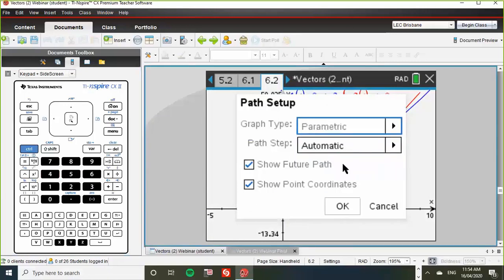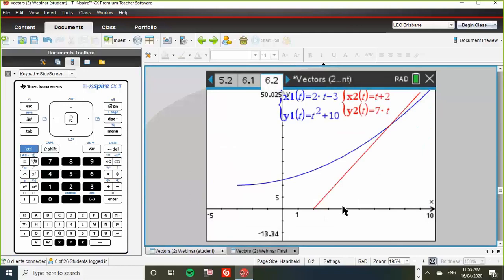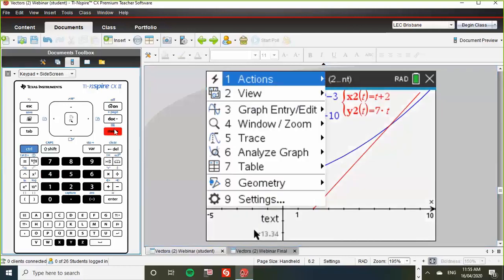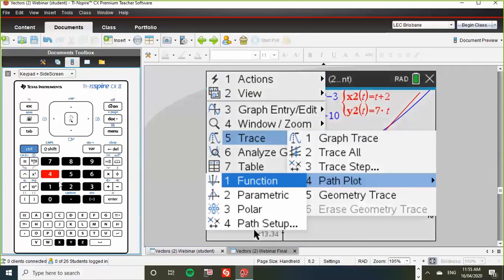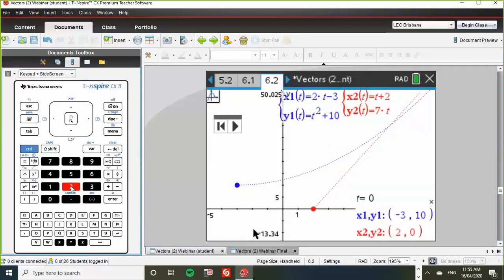I'm going to go automatic this time. Automatic by default, I think from memory, is 0.1 seconds, and I think that it wouldn't be useful here to have a multiple of pi. Press OK, and then what we need to do is menu, trace, path plot, parametric, and we're ready to go.